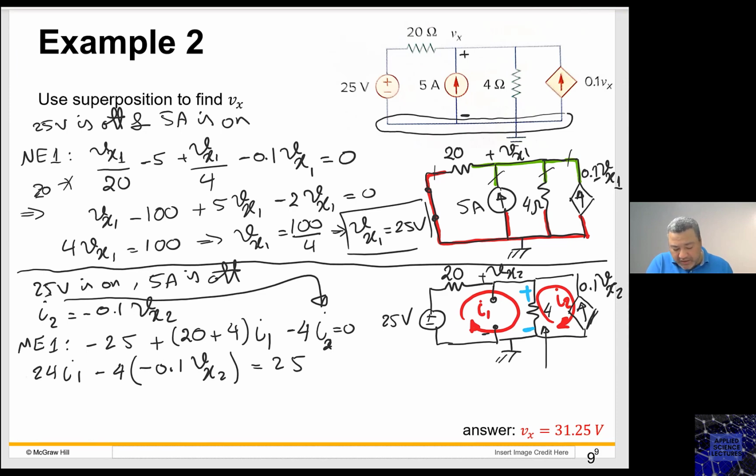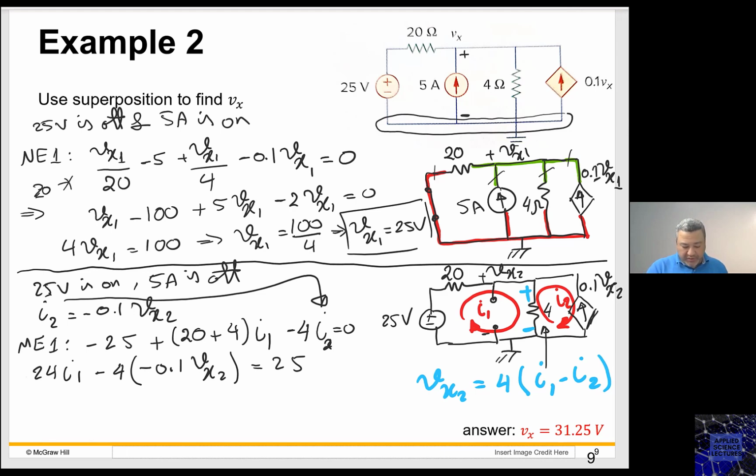So Vx2 is 4 times I1 minus I2. This is the relationship that I came up with between my variable, Vx2 in this case, and my mesh current variables.